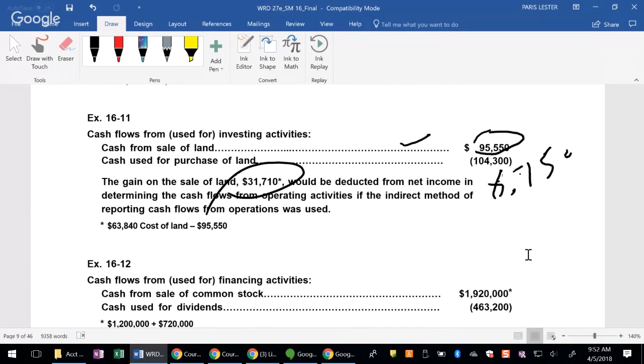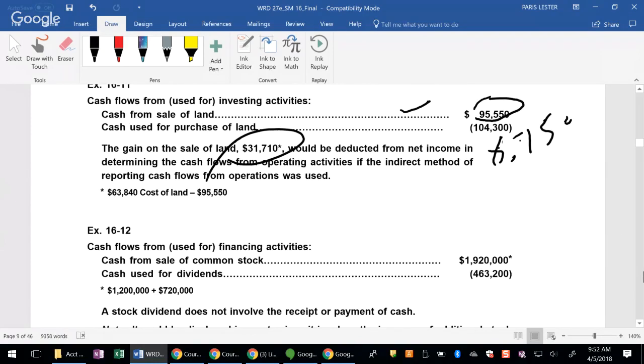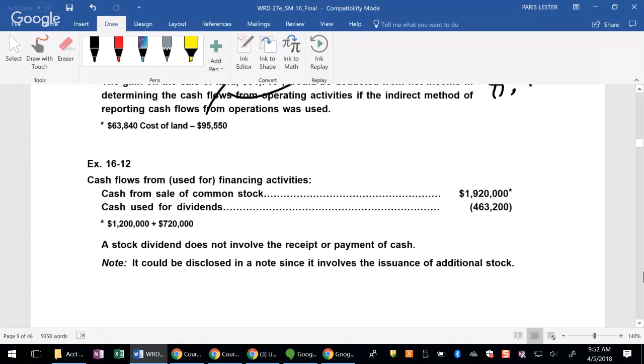Now here is the dividends you paid. All right. So your net cash flow from financing is the difference. And if you subtract, what do we get there?